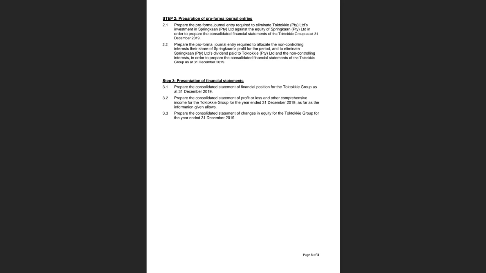And 2.2 wants us to prepare the pro forma journal entries required to allocate the non-controlling interest share of SpringCon's profit for the year. Step 3 wants us to prepare the consolidated statement of financial position for the group.